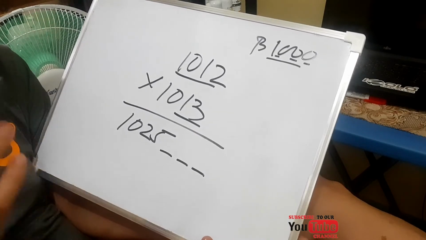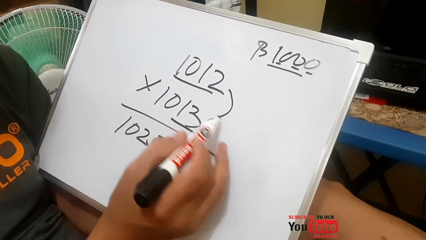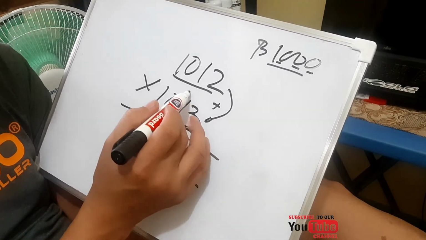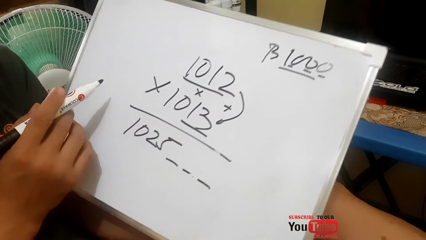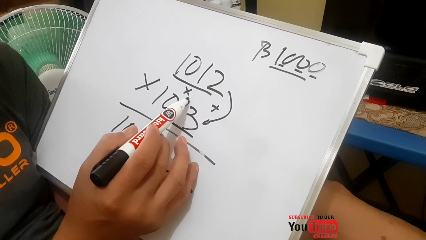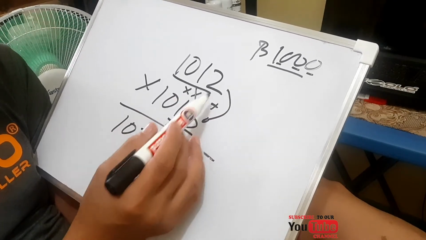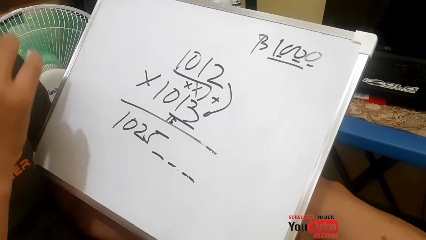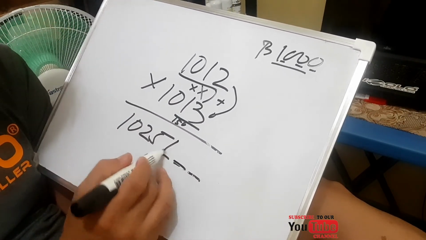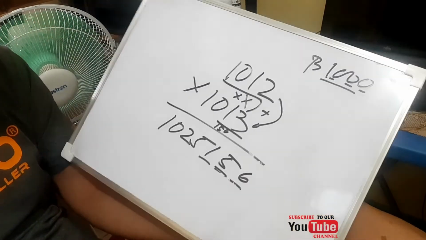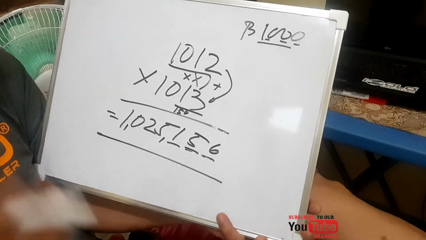In this case, you will not miss the exact answer. Okay, now, since we added this already, now we'll be multiplying 12 times 13. 1 times 1, 1. 1 times 2, 2, plus 3, 5. And 3 times 2, 6. So 156. That is your final answer.